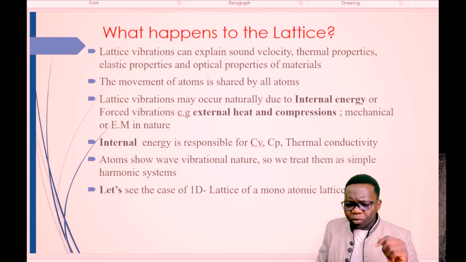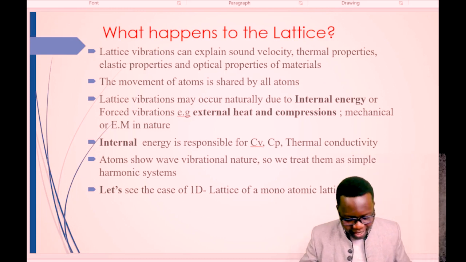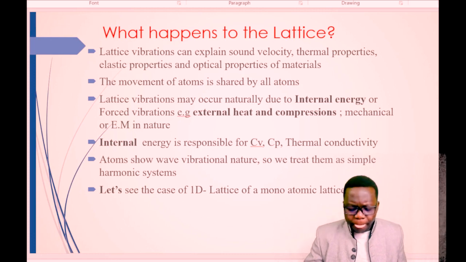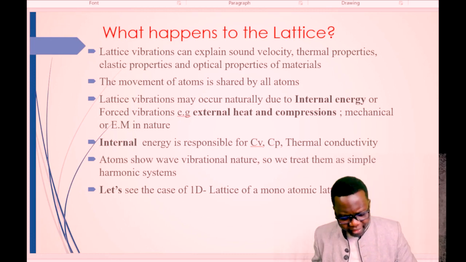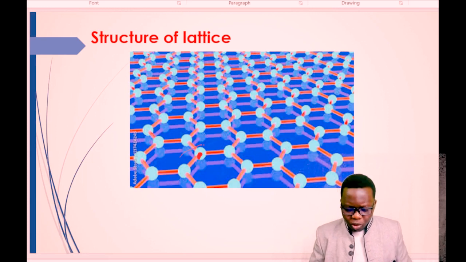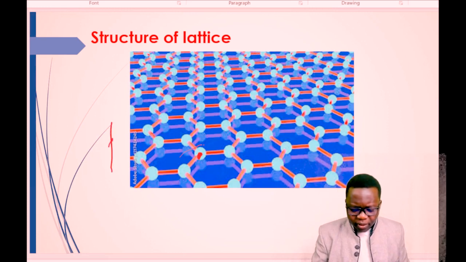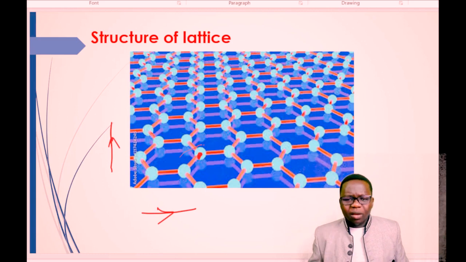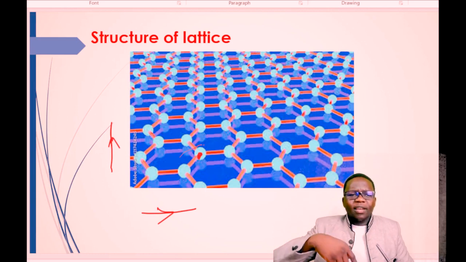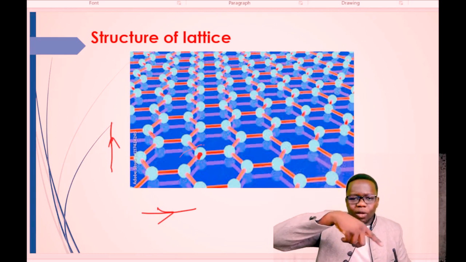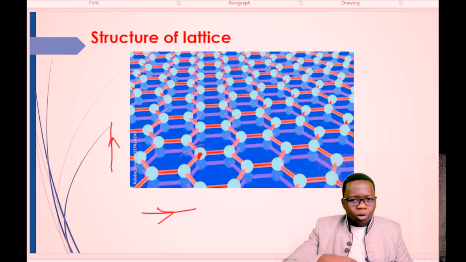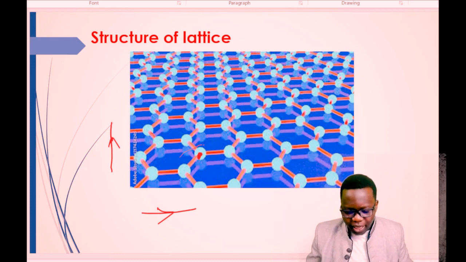So to get to this, let's dive into the main thing. We want to look at the one-dimensional lattice. If you look at this structure, this is two-dimensional. We have the y-axis and the x-axis, so it can be oscillating along the y and the x at the same time. So it gets so hard for us to study. So I want us to have a specific case.